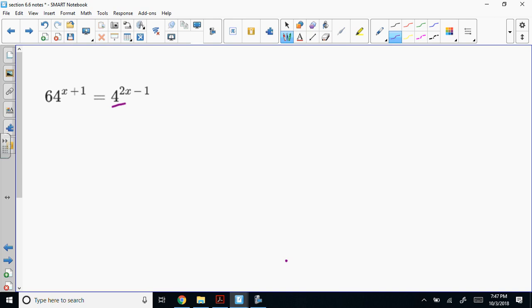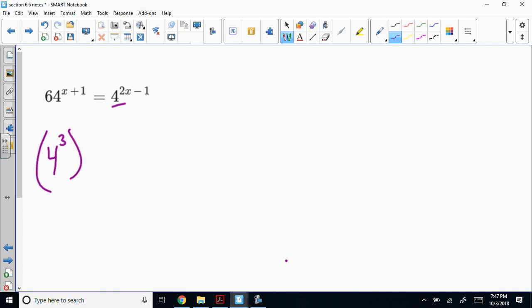All right. So I can rewrite 64 as a power of 4, right? I could change these over and rewrite them as bases of 2. I don't want to do that. I'd still get the same answer, it'd just be a lot more work. So I look at something and go, can I take that base and rewrite the other one in terms of that power? I can write 64 as 4 cubed, right?